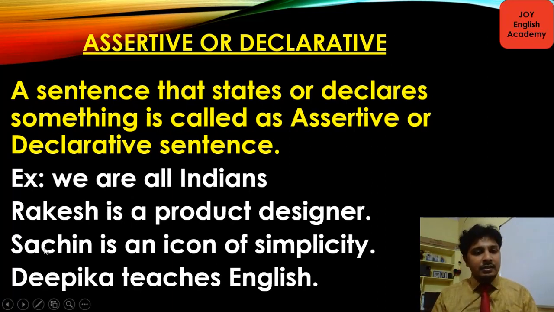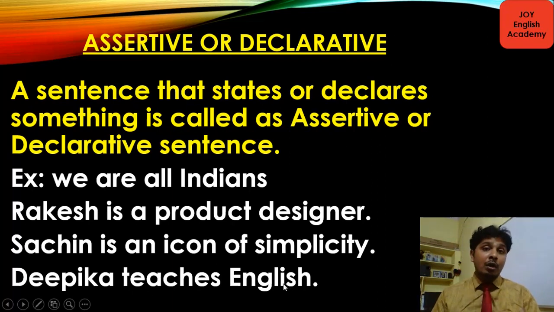When you see the third sentence, Sachin is an icon of simplicity. The great cricketer Sachin Tendulkar, he is the subject because we are talking about a particular person by name Sachin. And what are we talking about him? That he is an icon of simplicity. So this is the predicate and it is having a verb, is. Similarly, the last sentence we have, Deepika teaches English.